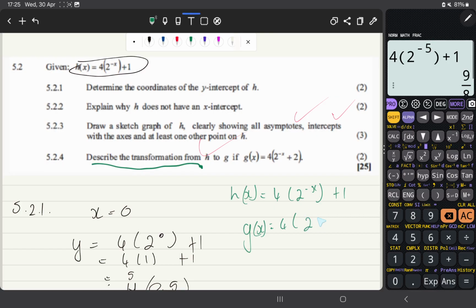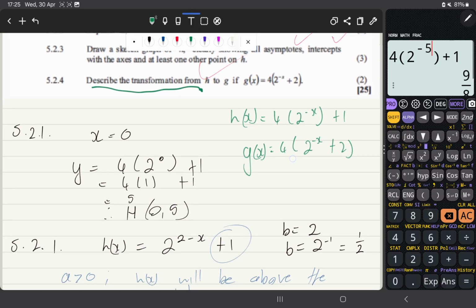This one is quite interesting, fellas. Very, very interesting. All right, this is what you have. You can now take it down and say from here, this is what happened. You had g of x, you have 4 into 2 to the power of minus x, and then you have plus 4 times 2. That means you have g of x being plus 8.